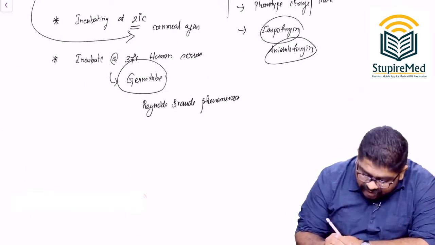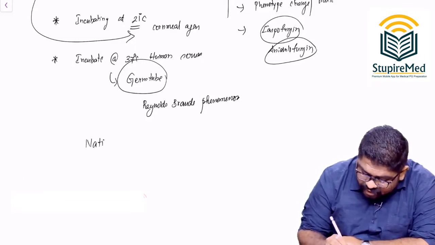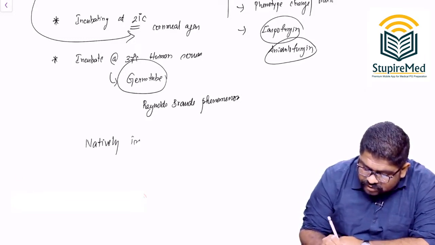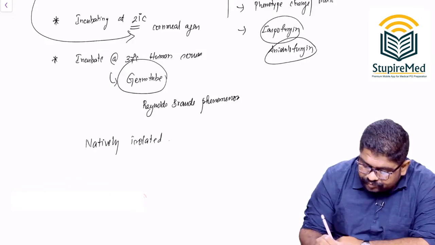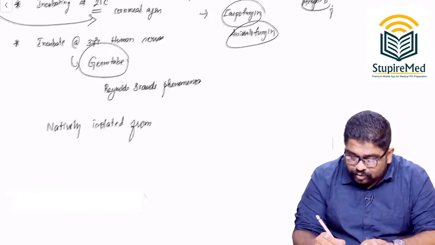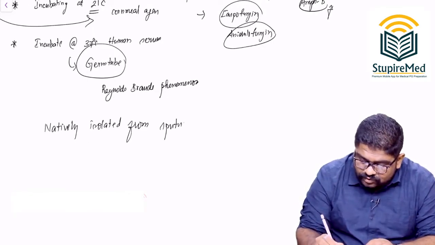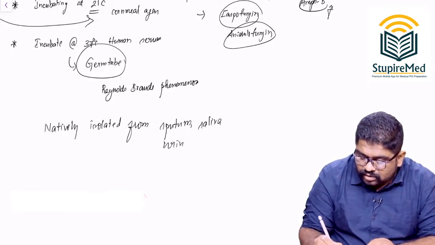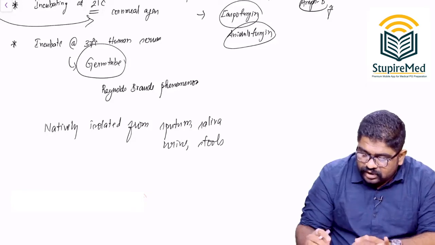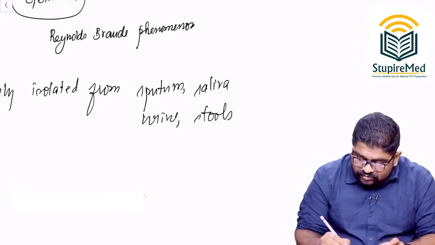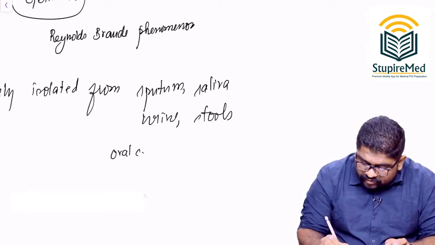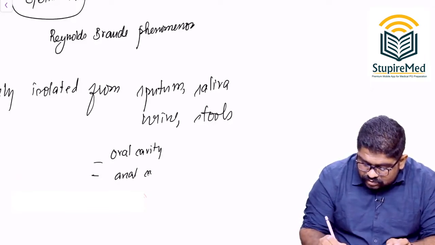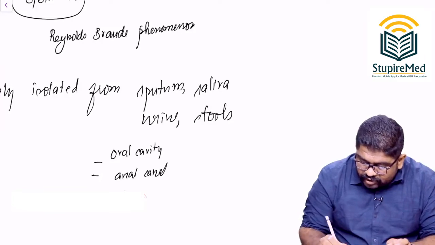Candida can be natively isolated from sputum, saliva, urine and stools. It means the organism is casually found in the oral cavity, anal canal and genitourinary tract.